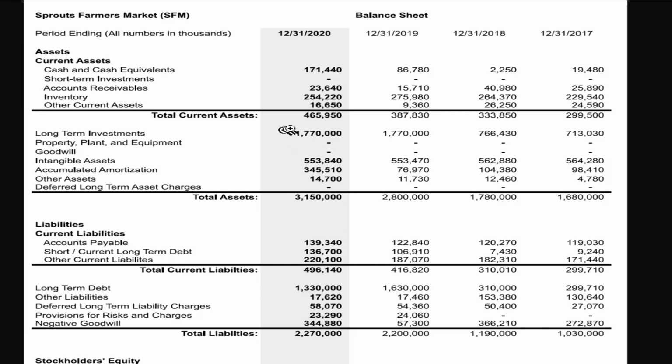We take the current assets, subtract out the inventory, which is $254 million worth of inventory, and we get $211,730. Make sure you got that number. You divide that by the total current liabilities, and you get 0.427. In other words, 42.7%.